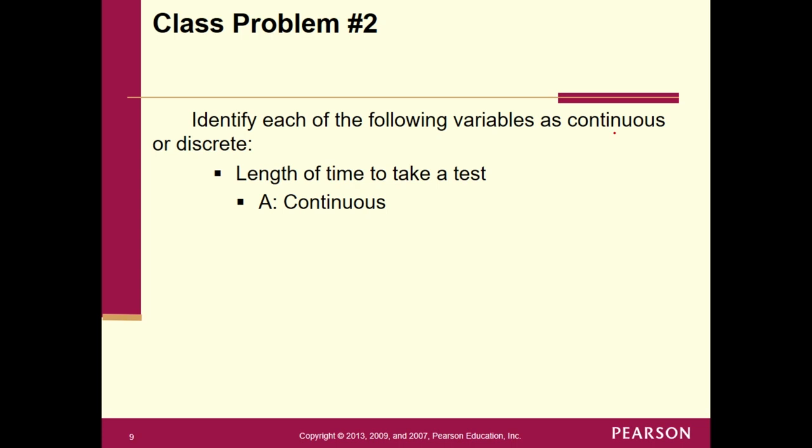We have a clock that we measure it with, and instead of saying it took us 42 minutes to take the test, we could say it took us 42.683 minutes. Still makes sense to us. Can add a decimal. Number of people waiting in line. Sounds discrete to me.